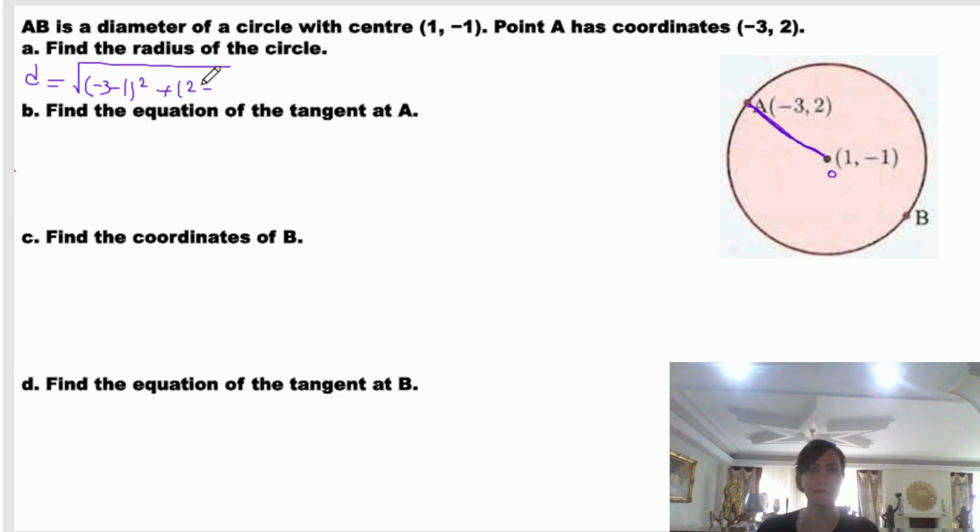Minus -1 gives me positive 1, to the power of 2.